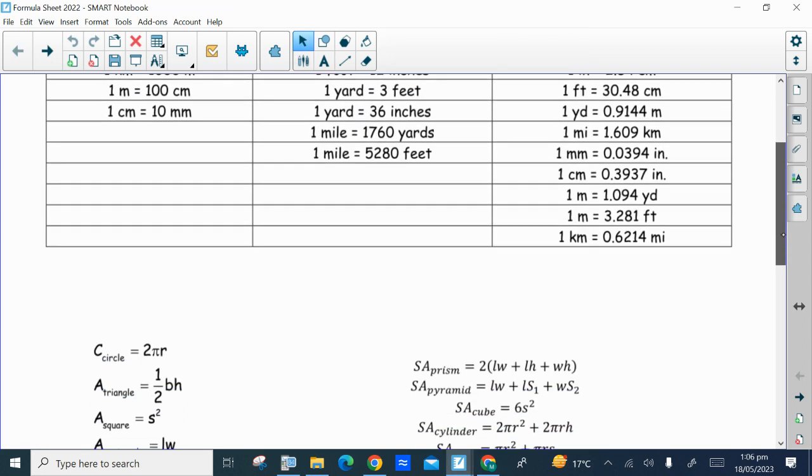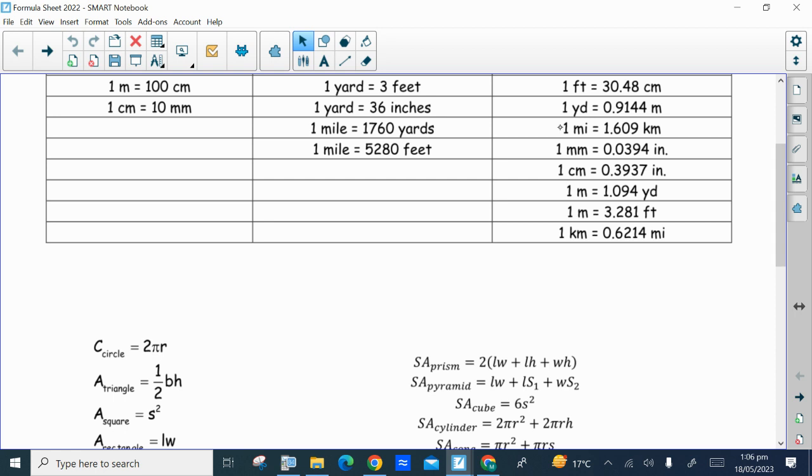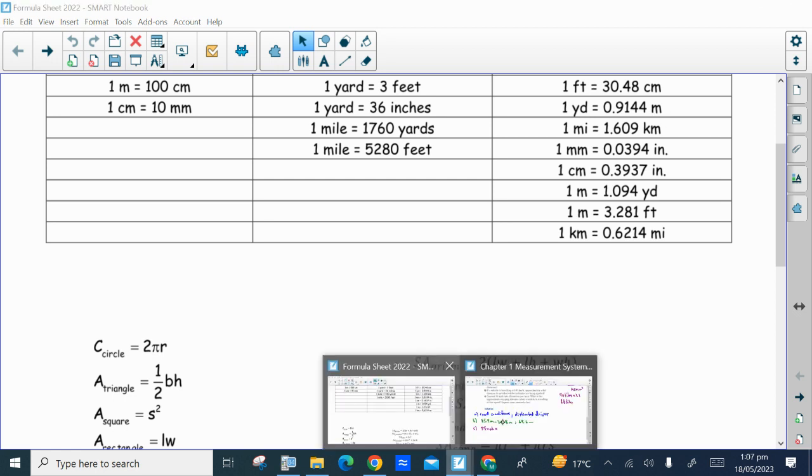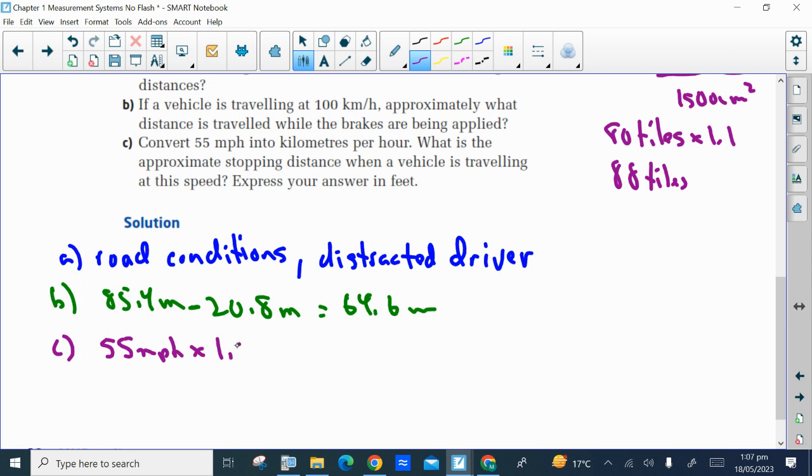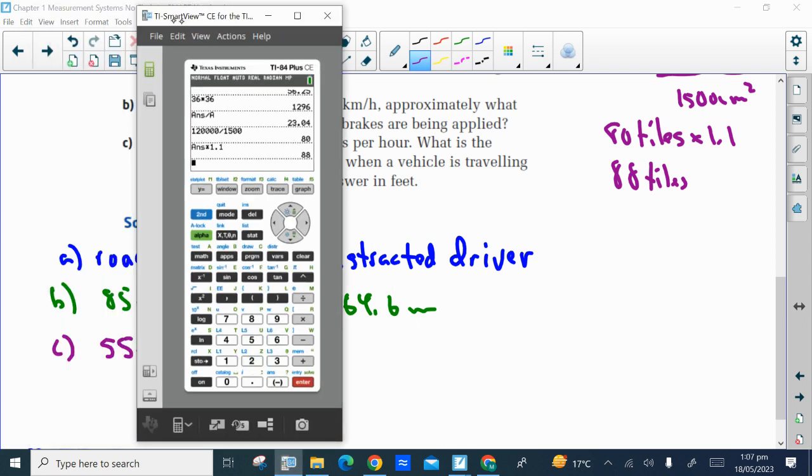To go from miles to kilometers, 1 mile is 1.609 kilometers. So to convert from miles to kilometers, we multiply by 1.609. And that'll convert it into kilometers.